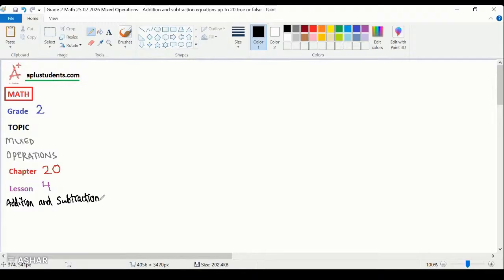Addition and subtraction equations up to 20, and we would be doing true and false, whether they are true or false statements. True means they are correct, false means they are incorrect.